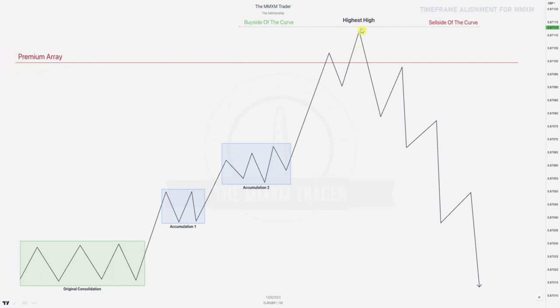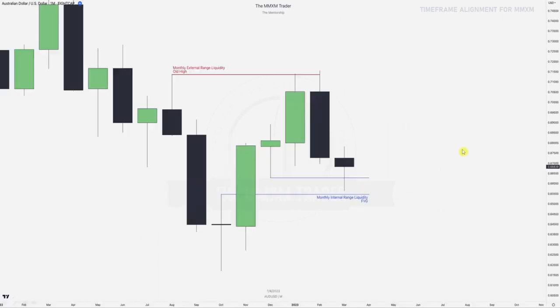And then we have this highest high, confirming the sell side of the curve after we break structure and hit that key level, and then we can start to look for sell opportunities and complete this market maker sell model, liquidating this original consolidation.